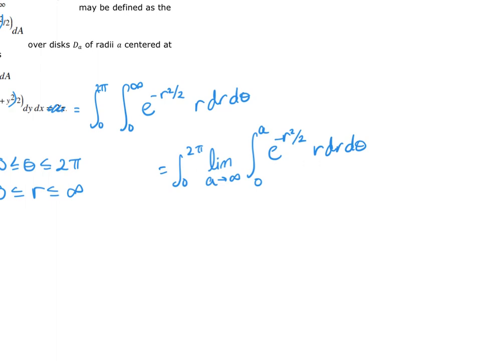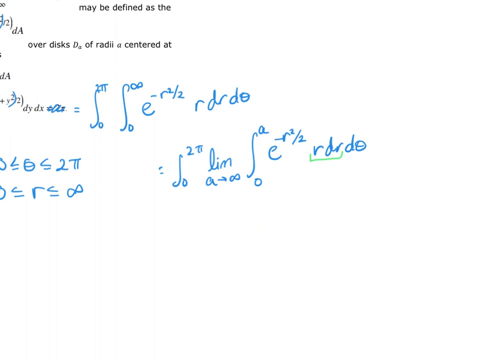And this is actually not too bad of an integration because I have the r dr. So I know if I have e raised to the negative r squared over 2, that derivative would have been negative e raised to the negative r squared divided by 2, which gives me 2r divided by 2, which gives me just r. So I'm missing a negative, so I'll make that adjustment when I do the integration part.